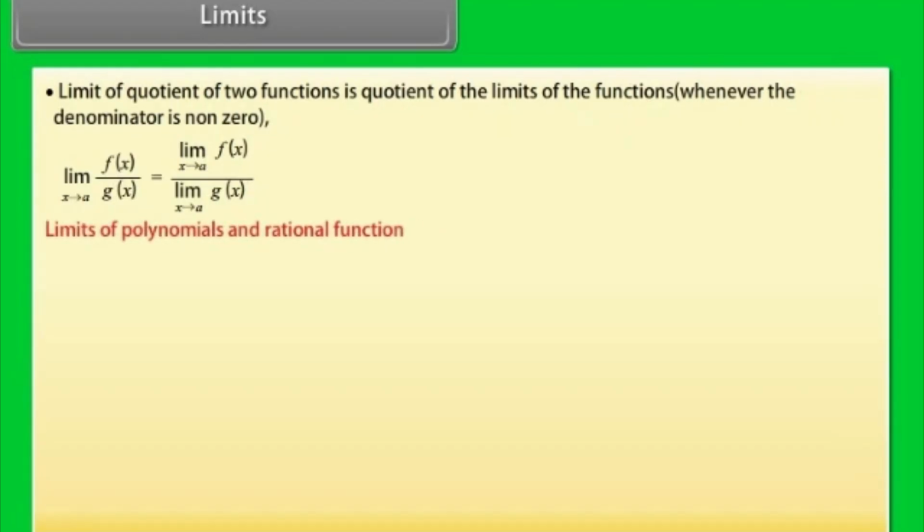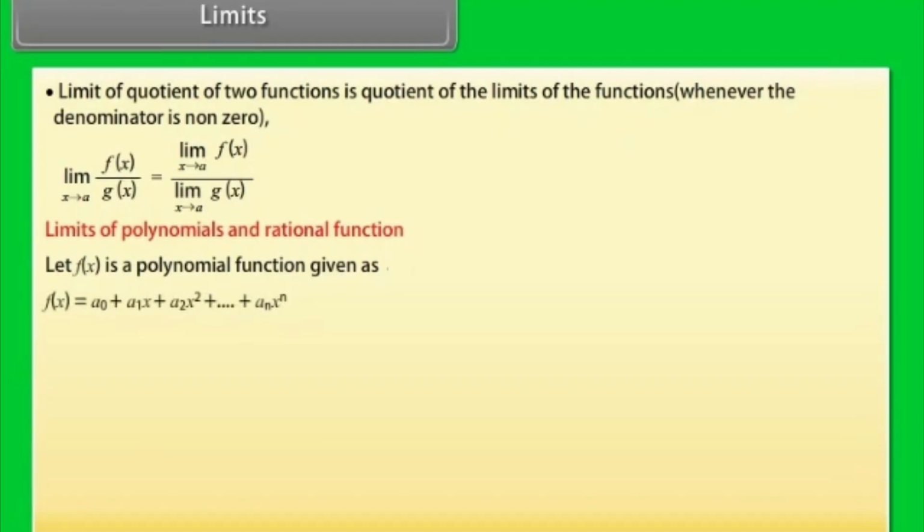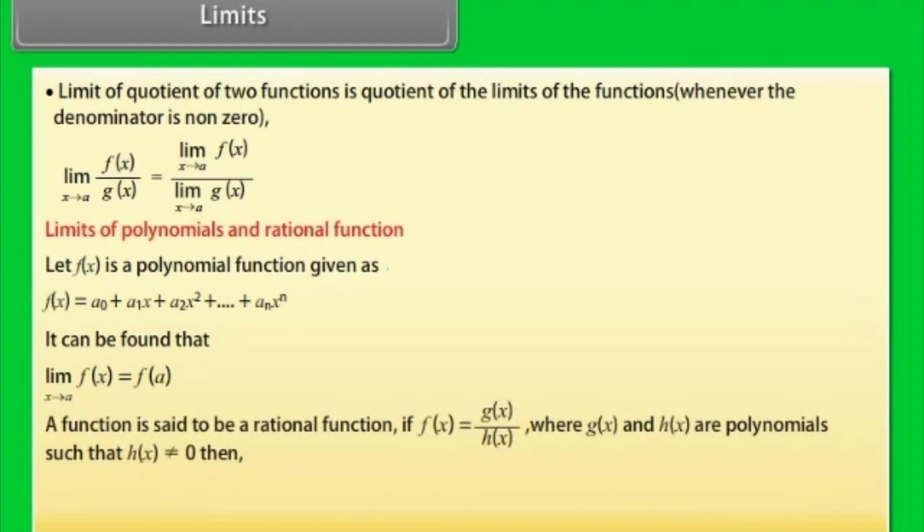Limits of polynomials and rational function. Let f(x) be a polynomial function given as below. It can be found that limit x tends to a of f(x) is equal to f(a). The function is said to be a rational function if f(x) is equal to g(x) upon h(x), where g(x) and h(x) are polynomials such that h(x) not equals to 0.